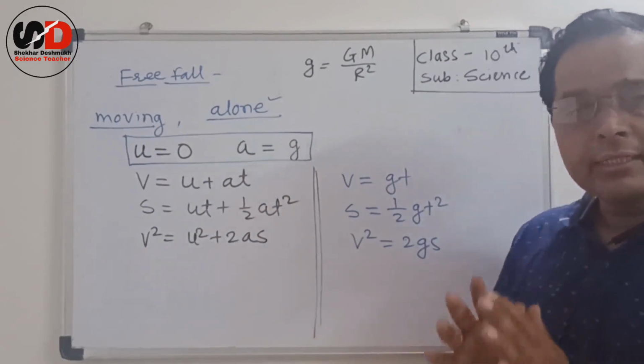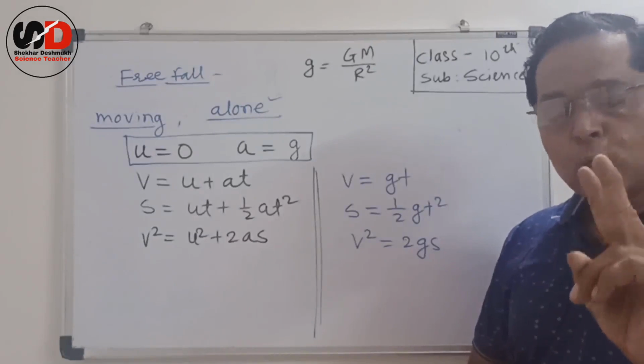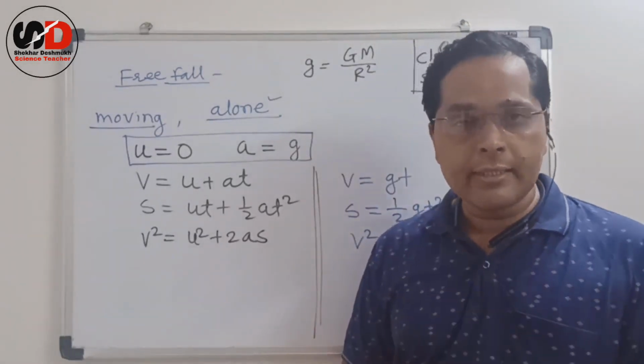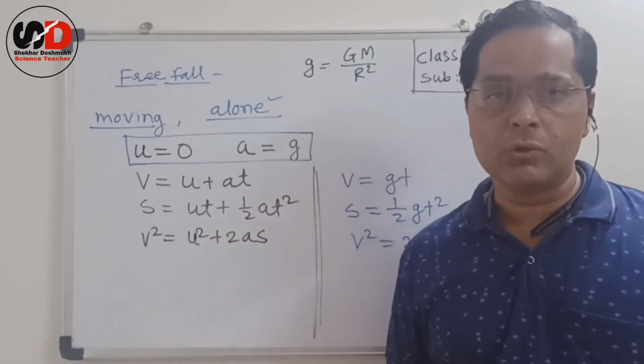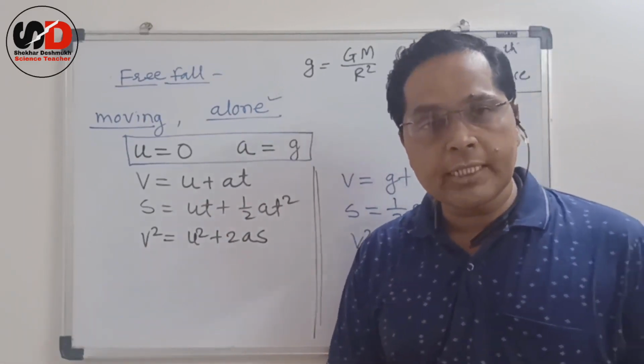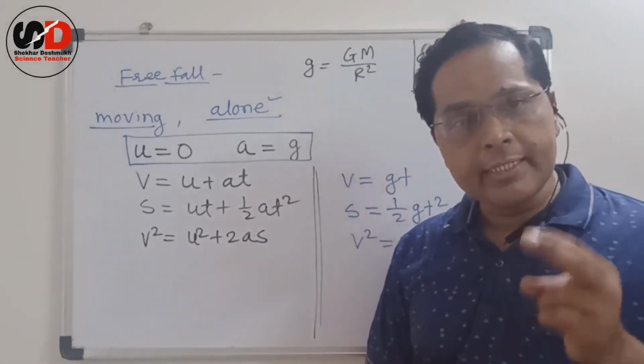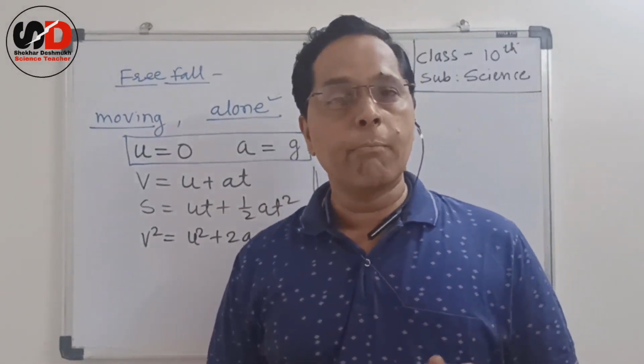The main reason for that is two forces other than gravitational force are acting on it. Which are these two forces? The first is frictional force and the second force is buoyant force.